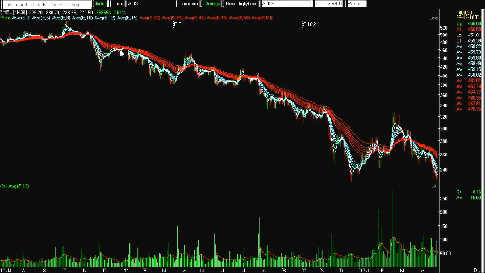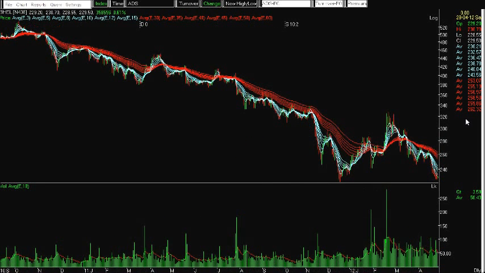From a level of 458, it has made a low of 223 and it is still at 229. It is a good downtrend for almost 1.5 years now. So you want to trade stocks which have a clear direction.